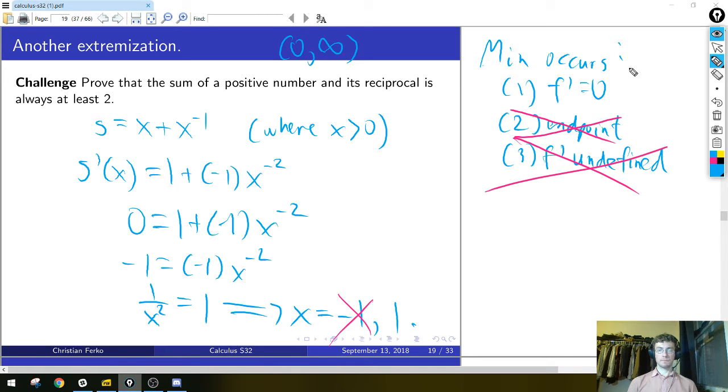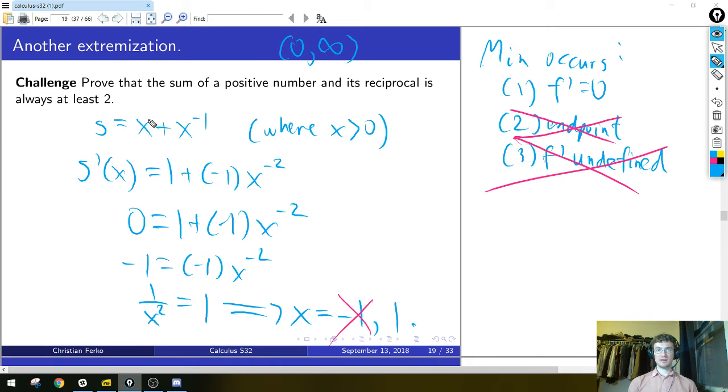My first idea is figuring out somehow if this function is always increasing or decreasing. Okay, sure, that's one way to do it.